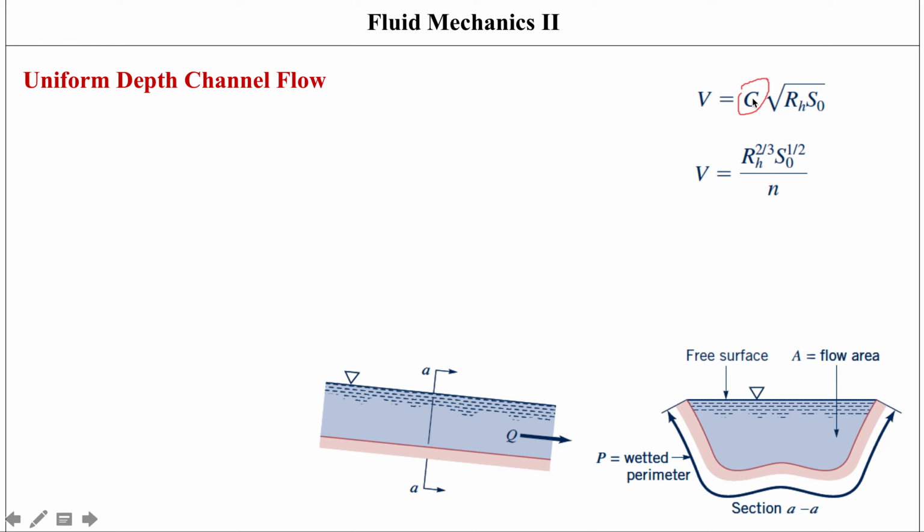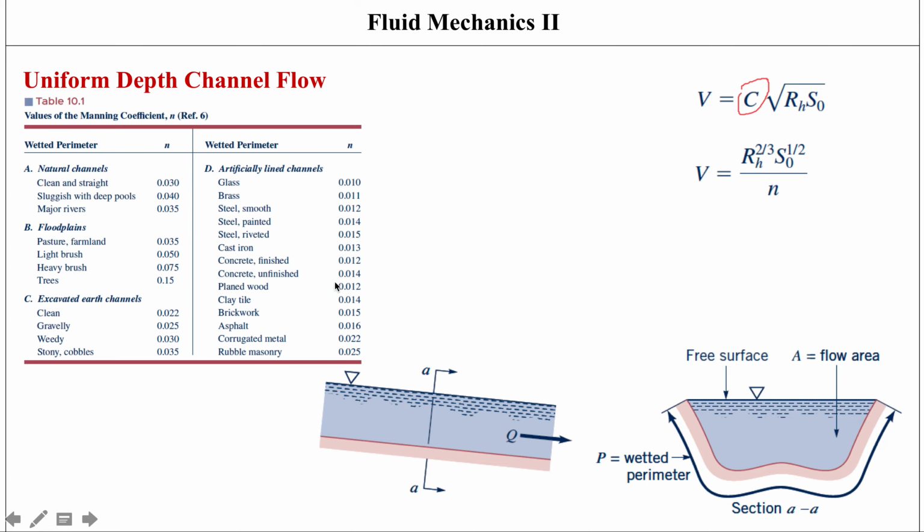You have to calculate it experimentally for different situations. So instead of that, Manning made this expression more accurate in terms of these. And the value for n then you can find out from different tables.